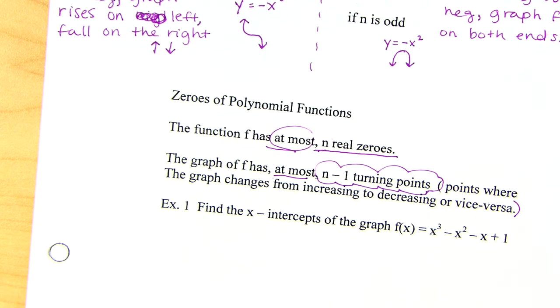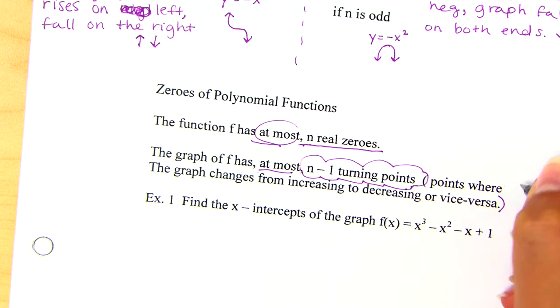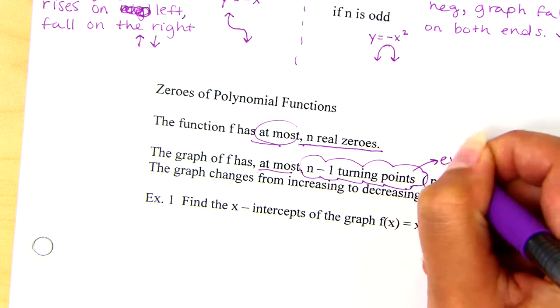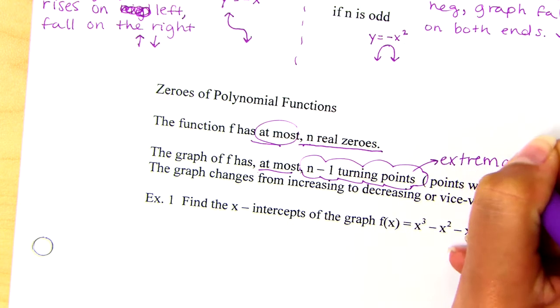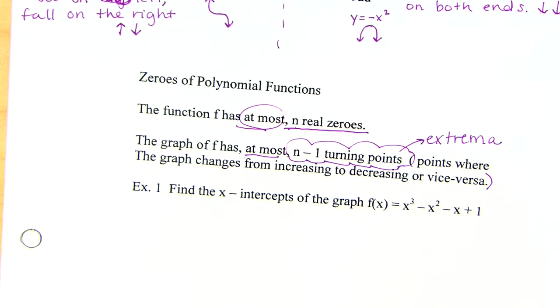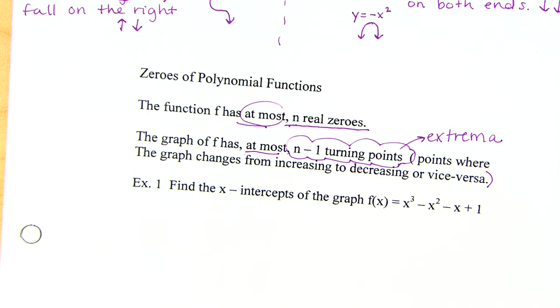What's that called where you have a turning point and your graph changes from increasing to decreasing? It's a fancy word we learned for it at the beginning of the year. Extrema. All right, so absolute or local turning points, that's what extrema points are. They're turning points. We have changes from increasing to decreasing.